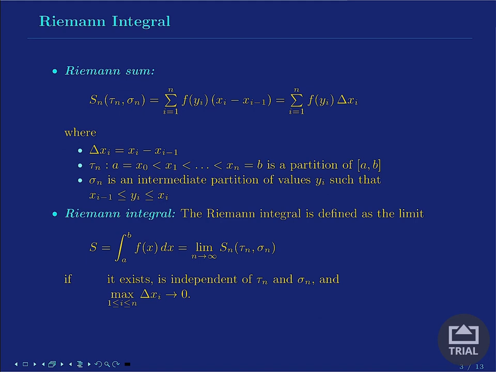And we assume, by saying the Riemann integral is defined in this way, that firstly a limit exists, and secondly that it is independent of the two partitions tau n and sigma n, so of the sequence of partitions, and that the partitions additionally satisfy that the maximum length of the intervals tends to 0.